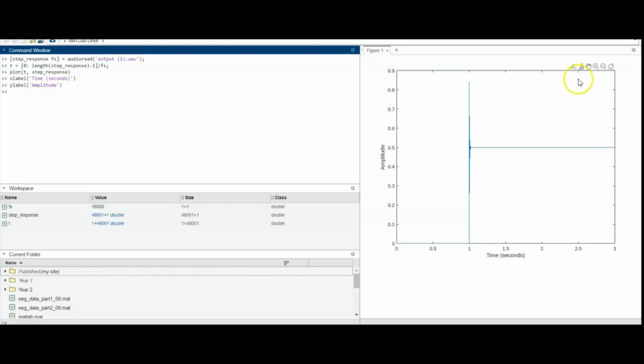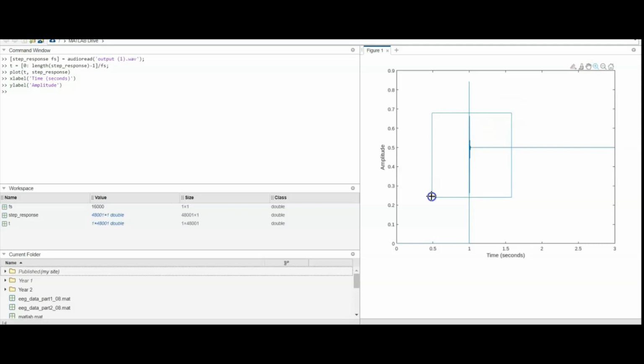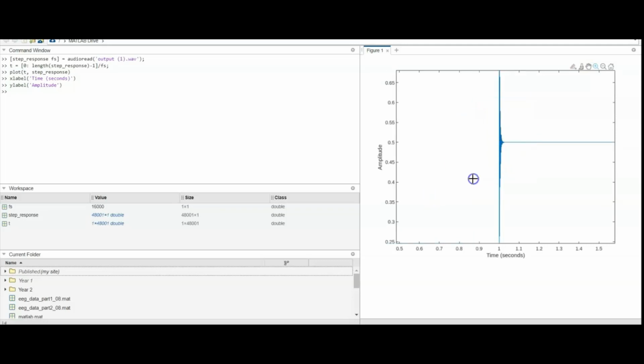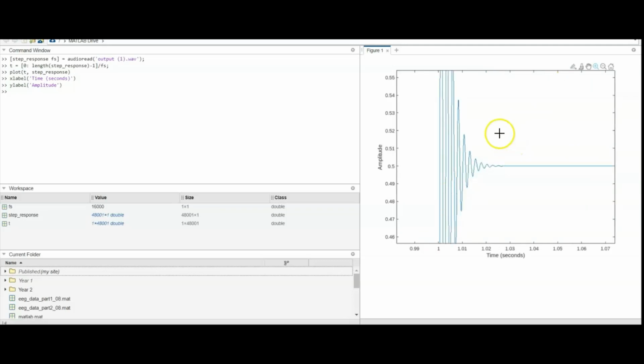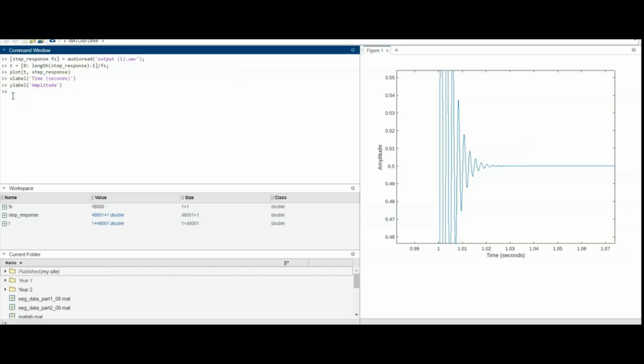So they should come up there now. So yeah, here we have our step response, and if we zoom in a bit, we can see a bit clearer that it looks like what we get out as our output in LTspice. So that is as expected.